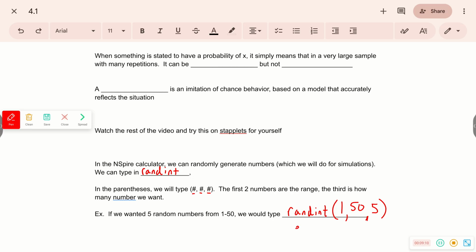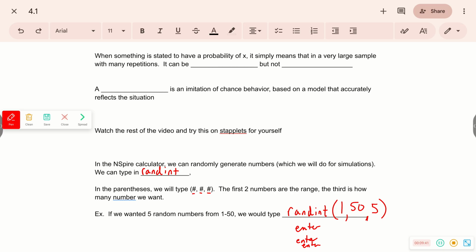And when we hit enter, it'll generate random numbers. Then we hit enter again, and it'll do it again with different numbers, and we hit enter again and get different numbers. So if we wanted to get 20 sets of 5 random numbers from 1 to 50, we could just hit enter again and again, and it'll give us sets of 5 random numbers.